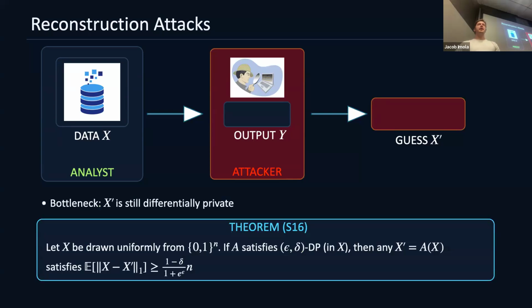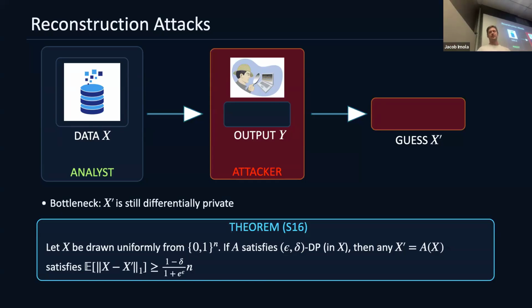And the bottleneck of this setup is that X prime will still be differentially private because of post-processing. So differential privacy, one of its important properties is that you can post-process any output that satisfies differential privacy. So even when you're forming your guess vector X prime, the X prime is differentially private. So X prime has a bottleneck.